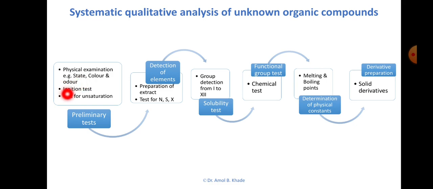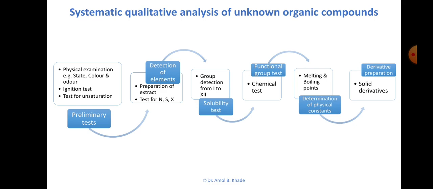We have also seen how the ignition test helps us identify the compound, and we can also get an idea about the presence of double or triple bond, that is the unsaturation in the compound. So we can come to know whether our compound is saturated or unsaturated by performing the bromine water test. So that is the test for unsaturation.